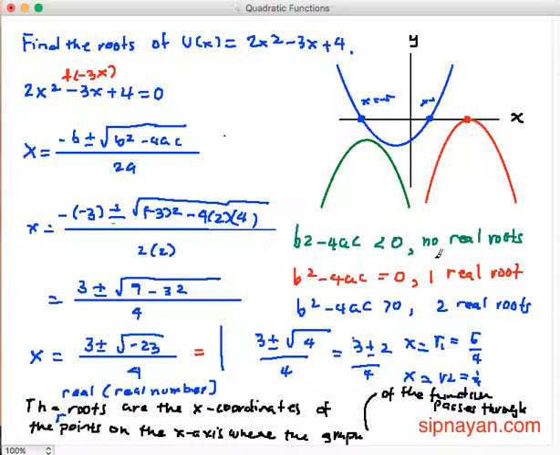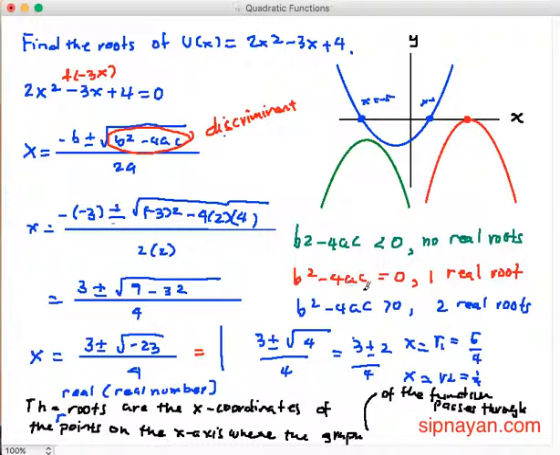And again, these are the conditions. The expression inside, we call the discriminant. So if the discriminant of a quadratic function is less than 0, there are no real roots; the graph doesn't intersect the x-axis.